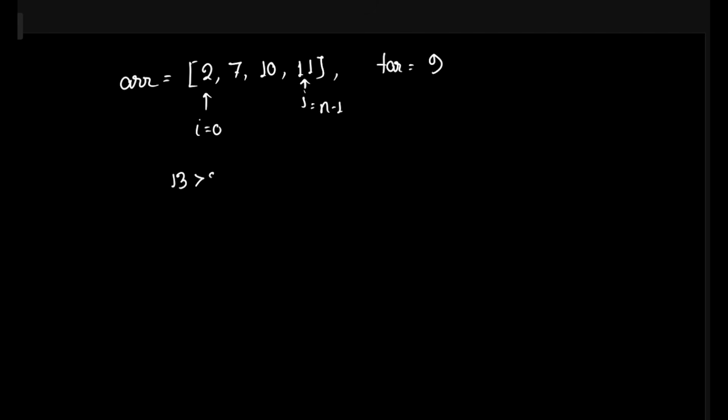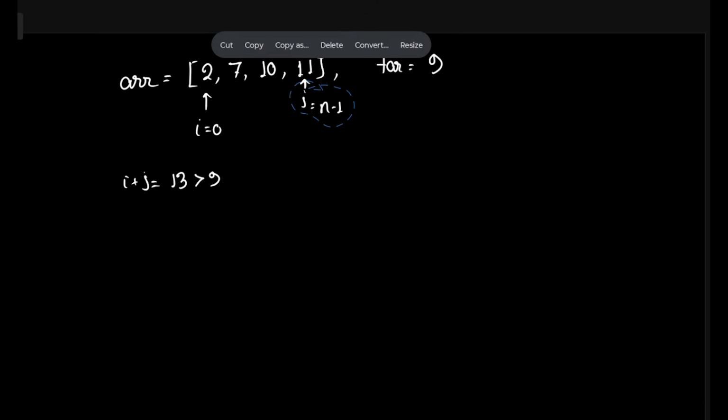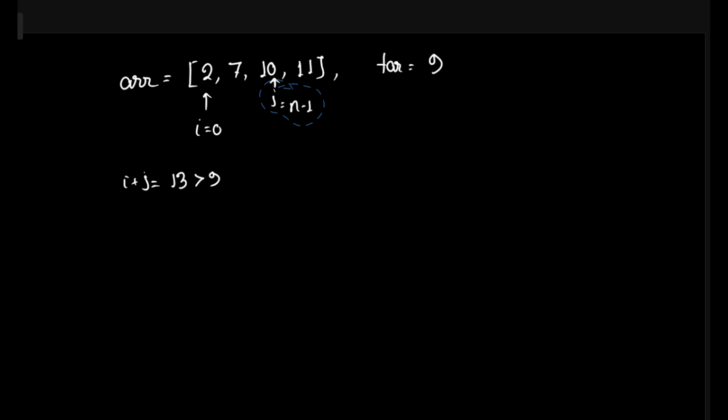So 13 is greater than 9, meaning i plus j is 13, which is greater than target. So I have to shift this j so that the sum can become less. Now i plus j will be 2 plus 10, 12, which is also greater than 9.